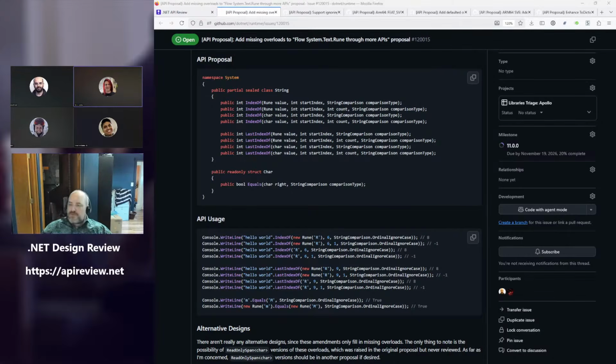Because right now, the ones that take a start index could just be calling the span overload, except for languages that don't support span. And the ones that have char value count don't have the ability to use those on span, so you can't use them without allocating today. And it looks like there's no notes on what we ever said 6 years ago when we reviewed that.